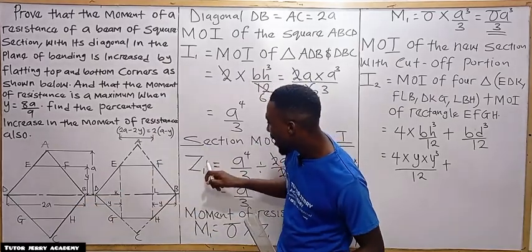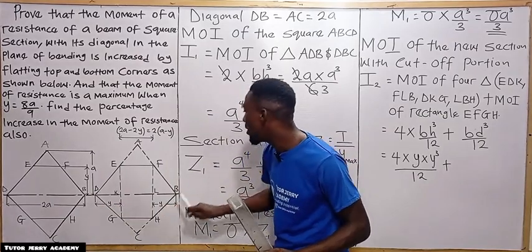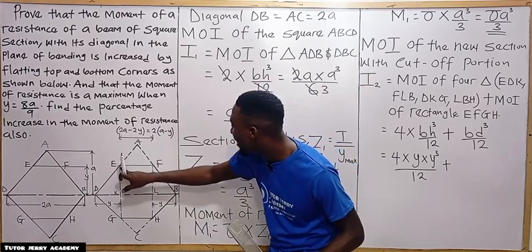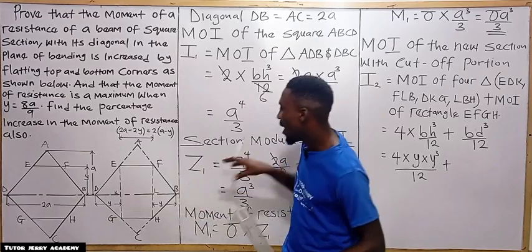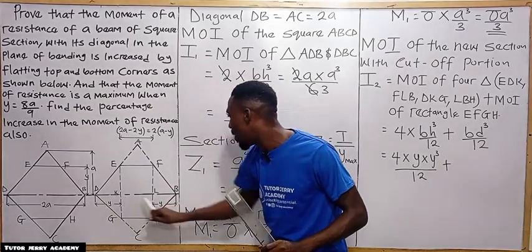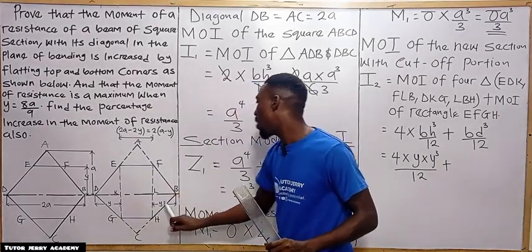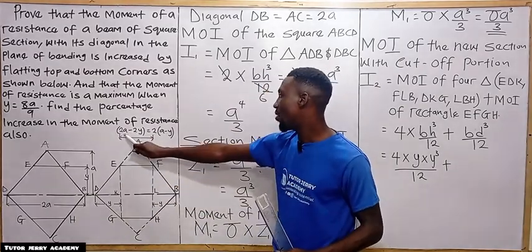And we know that from this point to this point is y, and from this point to this point is y. So to get the length EF, it's the total length 2a, and then when they inscribe the rectangle, this is y plus y, which is 2y. So it's going to be 2a minus 2y.